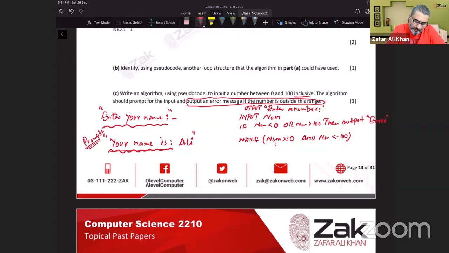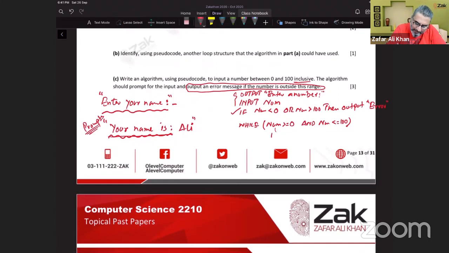So we input the data, we check the data. If the data is outside the range, we will output the error, and inside the loop we will do the same.